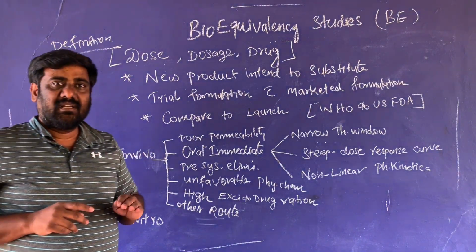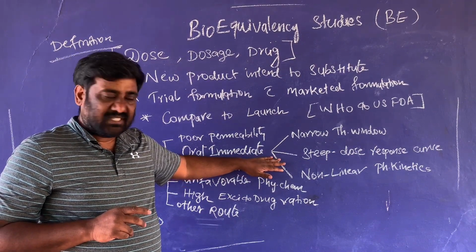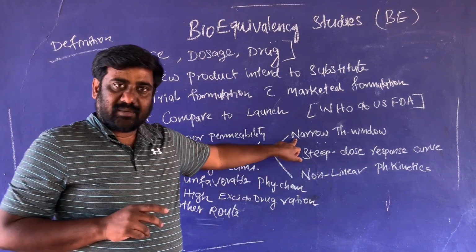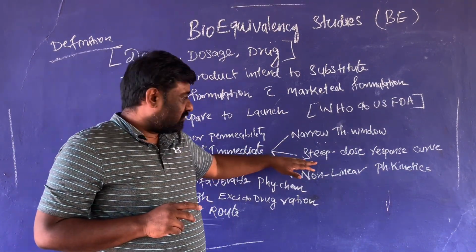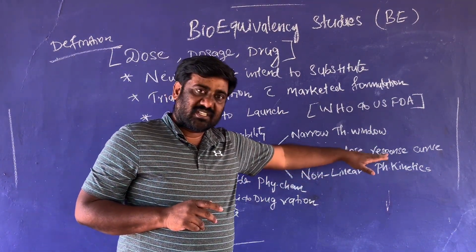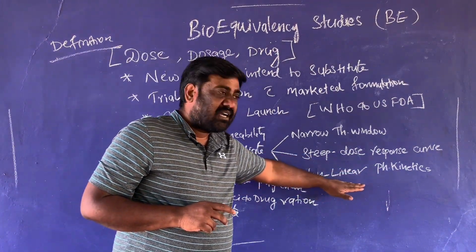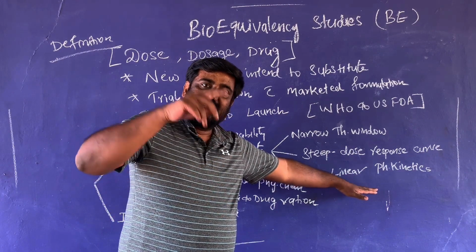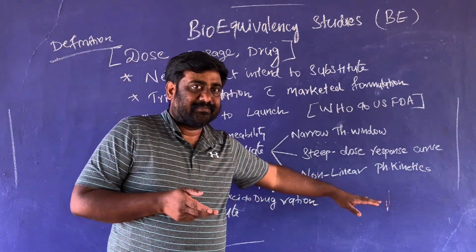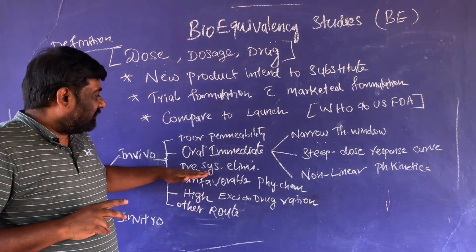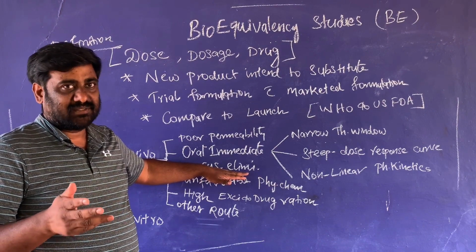Or if the formulation is an oral immediate release dosage form with a narrow therapeutic window, or the same oral immediate release dosage form has a steep dose response curve, or the same oral immediate release drug has non-linear pharmacokinetics. That means the AUC, Cmax and Tmax will be zigzag. It will be non-linear. And second, if it has pre-systemic elimination, that means the elimination is very fast.